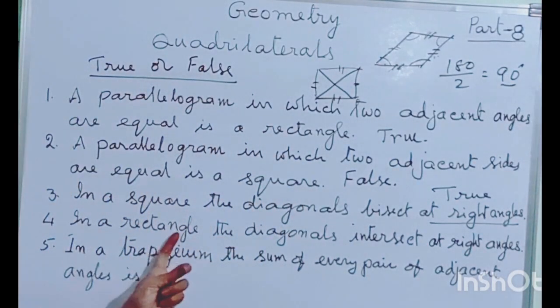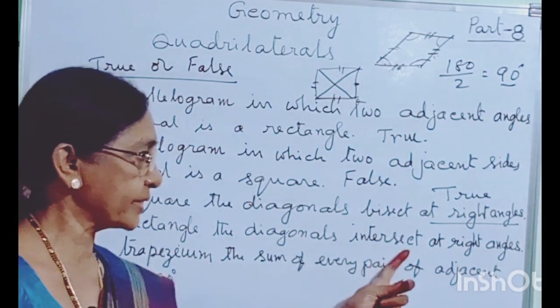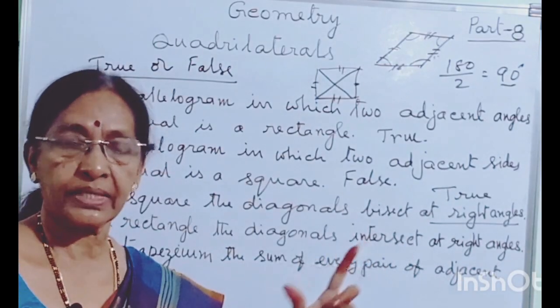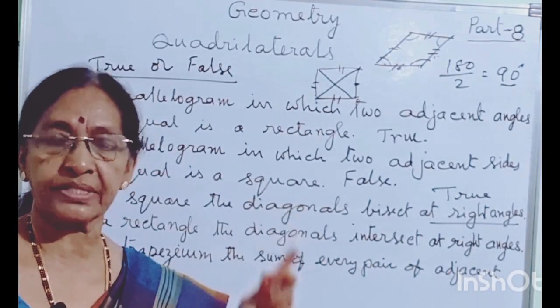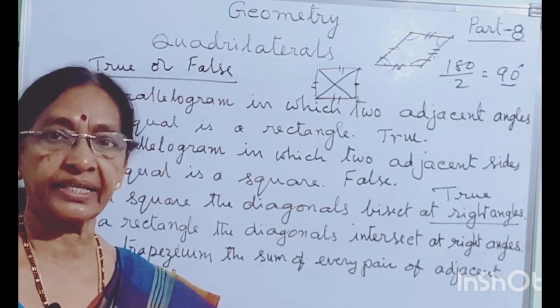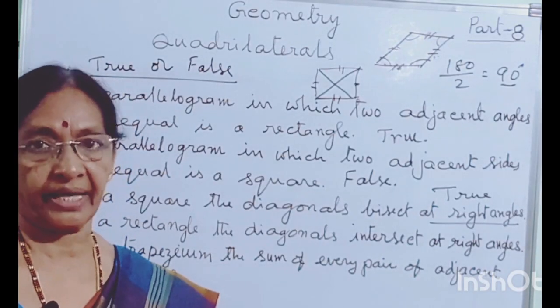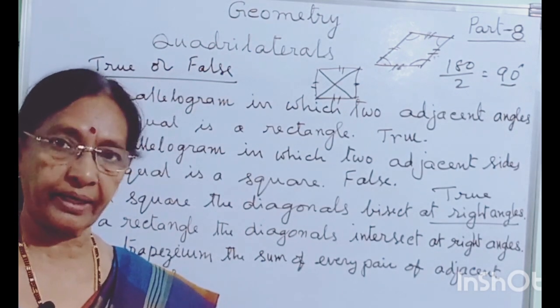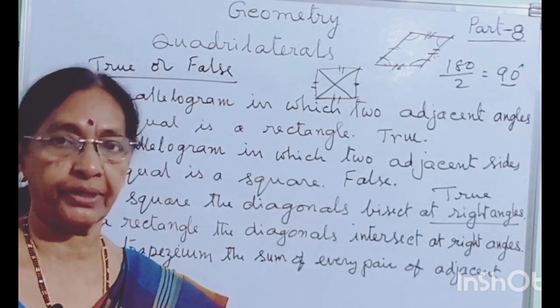Next, in a rectangle, the diagonals intersect at right angles. In a rectangle, all sides are not equal. Only opposite sides are equal. Therefore, the diagonals do not intersect at right angles. They bisect each other, but not at right angles or not perpendicularly.